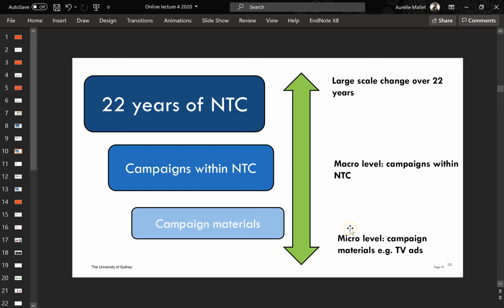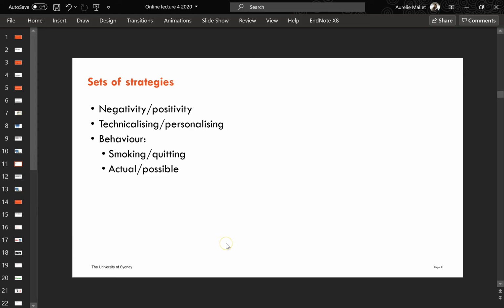There we go, these 3 levels. So these 3 sets of strategies can be used to look at the NTC over 22 years. It can be used to look at the macro level at the campaigns and the micro levels at the individual materials. So these 3 sets of strategies, I am naming them.